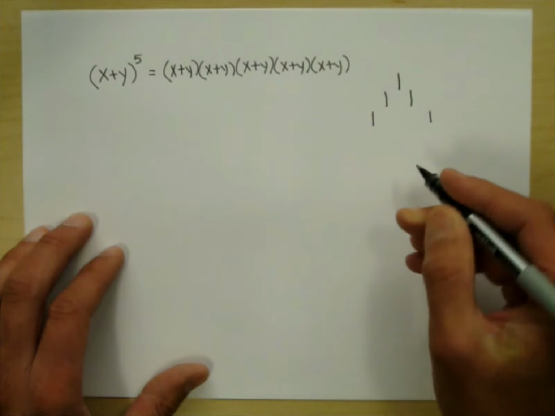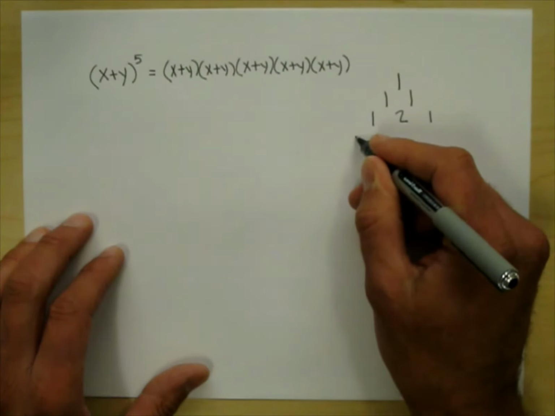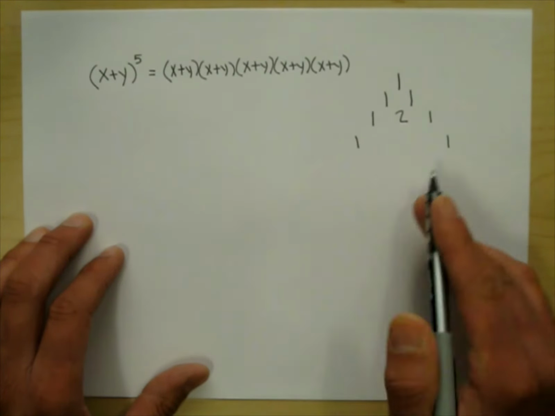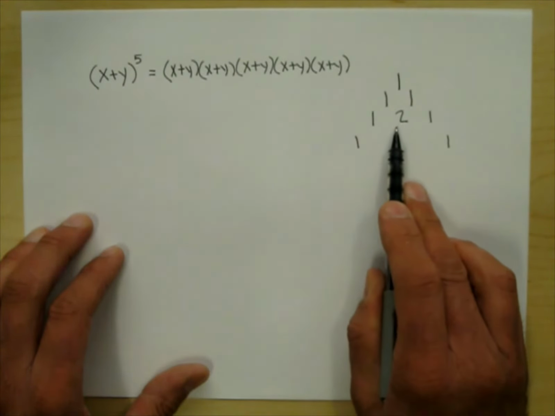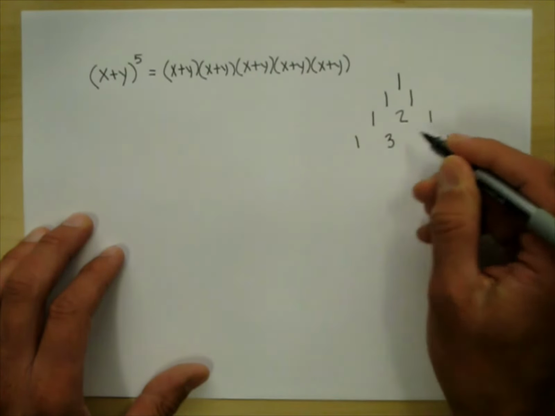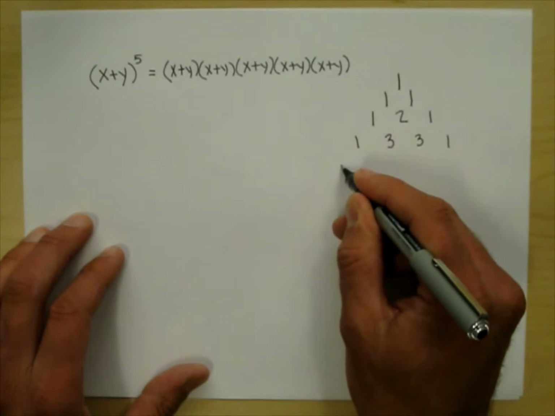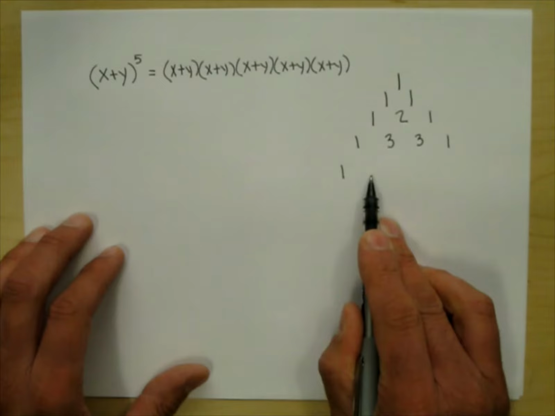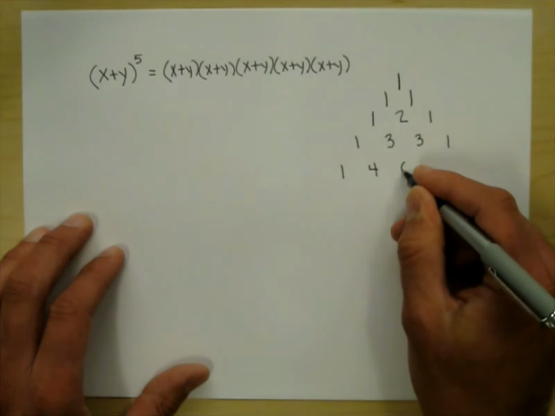So 1 plus 1 is 2. Now we can make the triangle bigger, and the number that goes right here is you add the numbers above it. 1 plus 2 is 3. 2 plus 1 is 3. So the next row would be 1, and then we add. 1 plus 3 is 4. 3 plus 3 is 6.